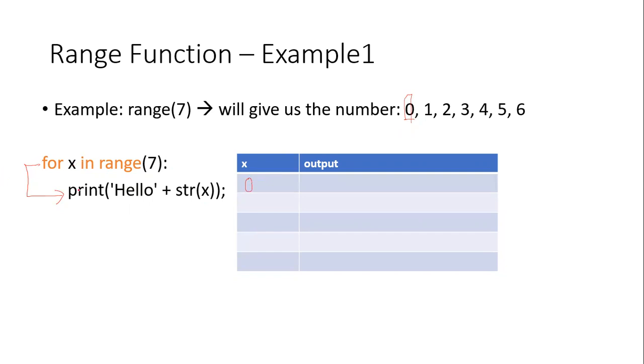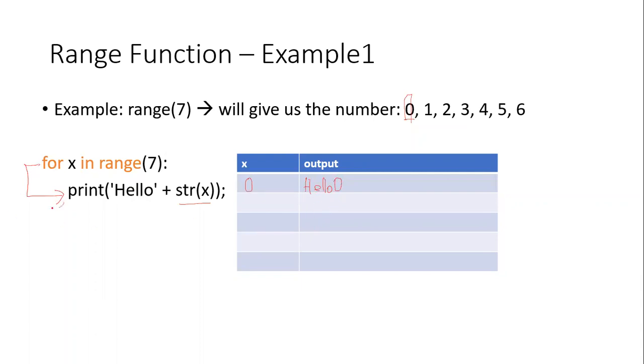When x is 0, execute your statement. There's only one statement, and that's an output statement. So it's going to print hello. There it is. And then it's also going to print the value of x. In this case, x is 0, and it's converted into a string. So it's going to print hello 0.